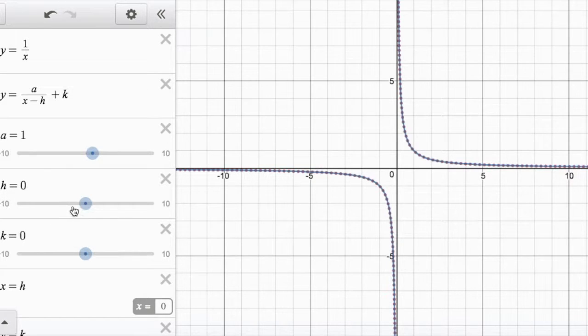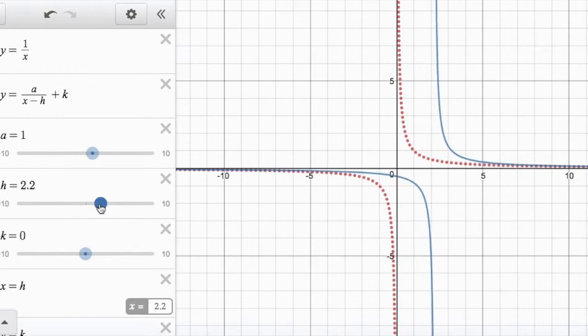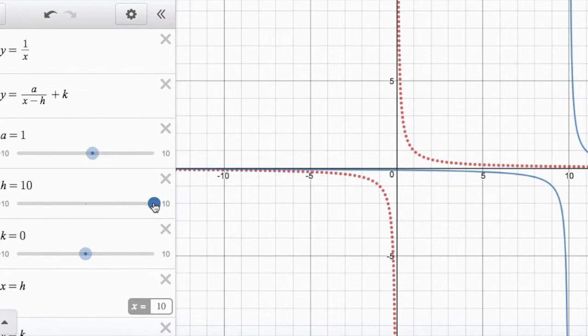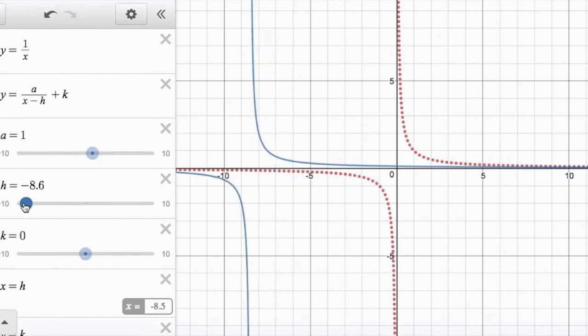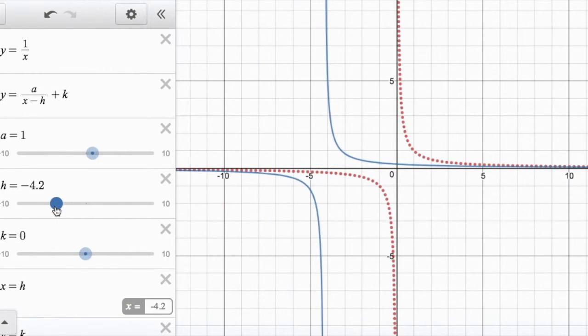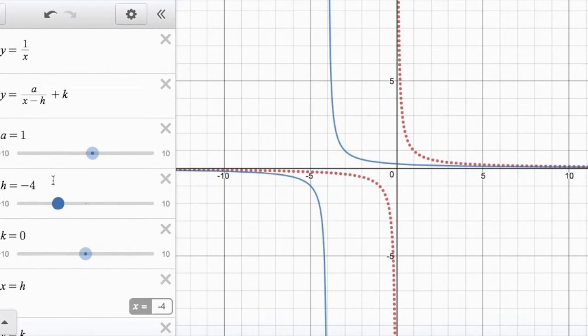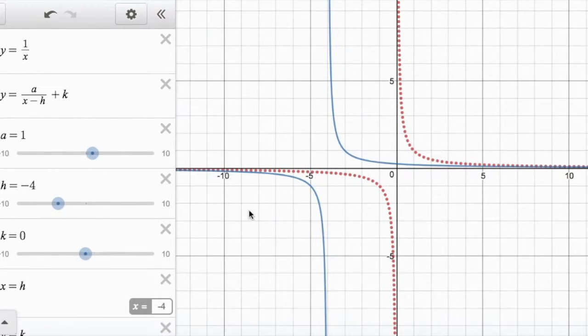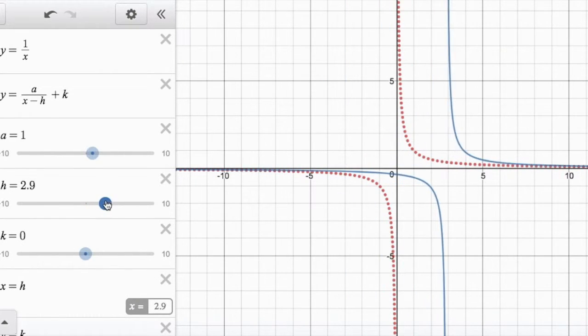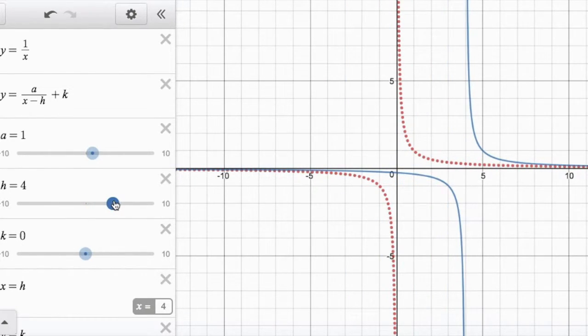Let's start by moving h around. As I change h, you can see that it moves the function either left or right. So 1 on x plus 4 looks like that, and 1 on x minus 4 looks like that.